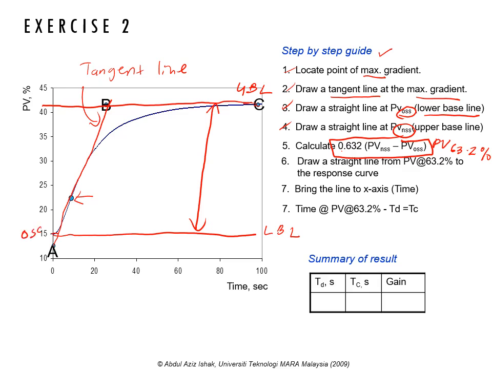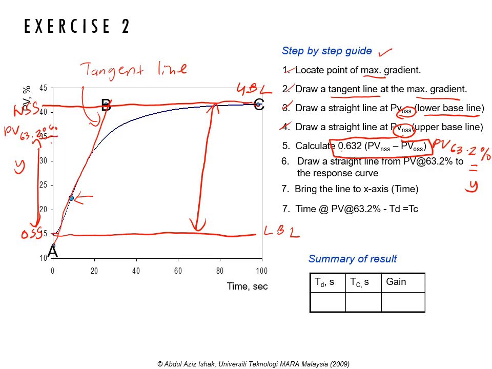This is OSS, this is NSS. So find the PV at 63.2%. After you get this value, for example, the value is y, locate the value of y. This is the y value, so this is the PV at 63.2%.